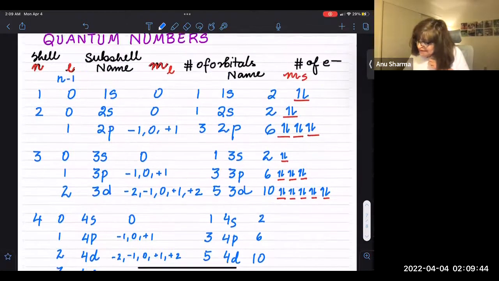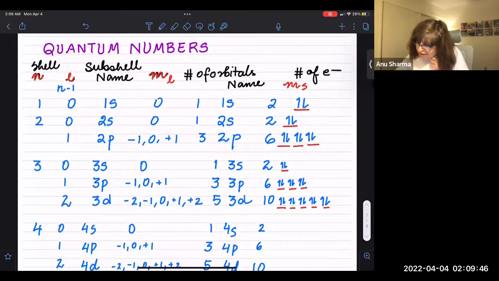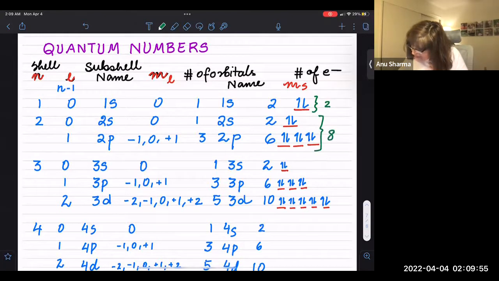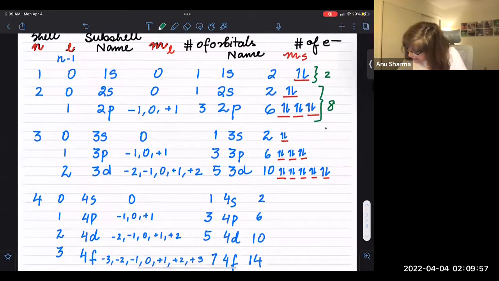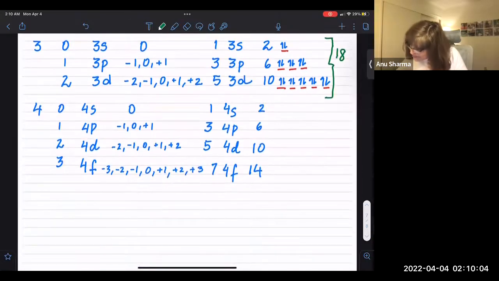So as you can see now, the first energy level has only 2 electrons. The second energy level has 2 and 6, so 8. The third energy level has 2 plus 6 plus 10, so this becomes 18. And the last one, the fourth level, will have a maximum of 32 electrons.